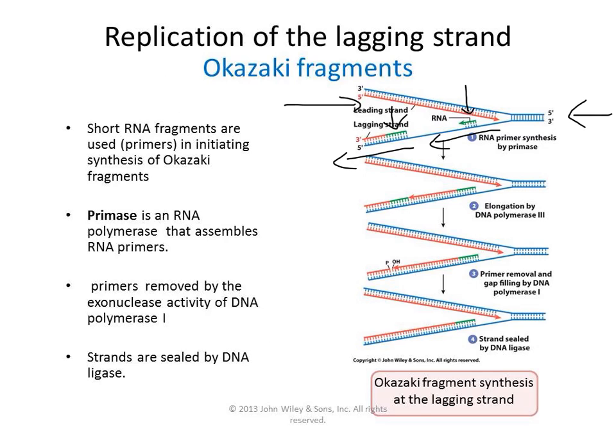You'll notice the directionality: DNA polymerase can only assemble a new strand in what's called the 5' to 3' direction. It uses the 3' to 5' template of DNA, but it assembles in the 5' to 3' direction.